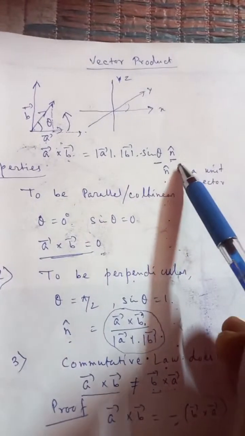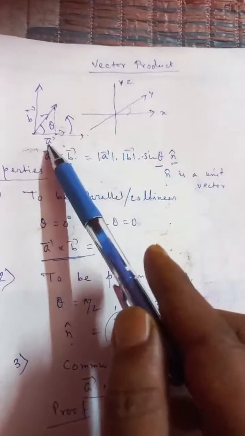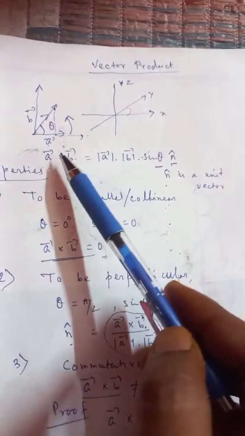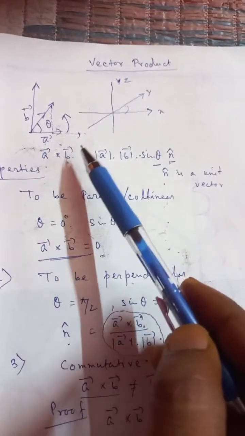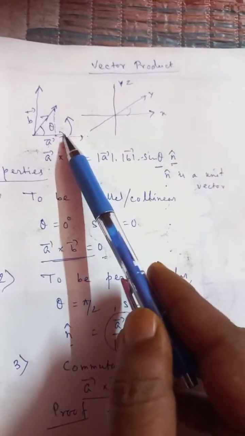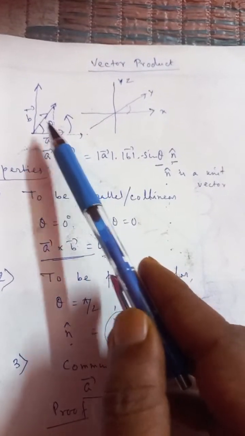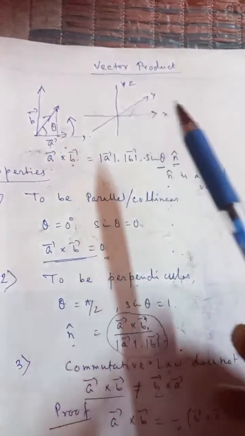So n cap is the unit vector which shows the direction perpendicular to this plane.